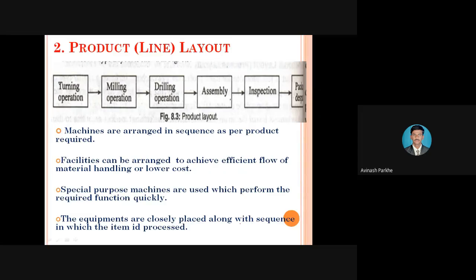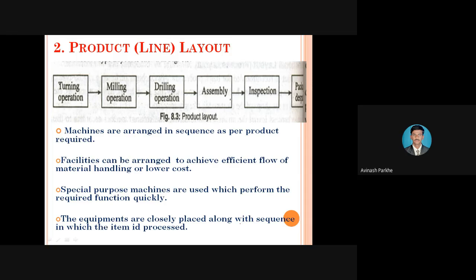Therefore, I have given the example of assembly of two-wheelers or assembly of four-wheelers. Similar type of two-wheelers I have to manufacture, or similar type of four-wheeler vehicle I have to manufacture. At that time the sequence of machine is located, and the sequence of operation is also finalized.